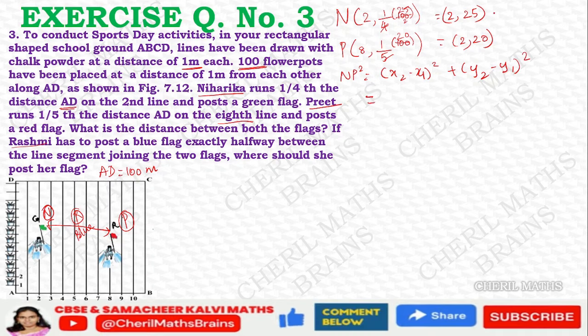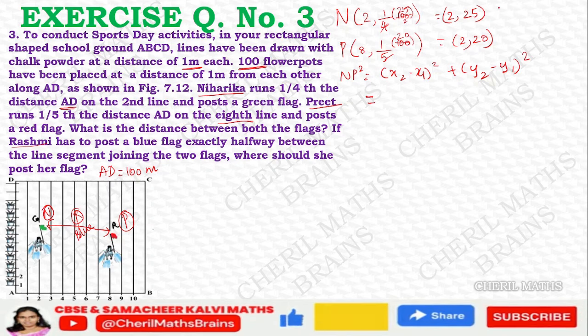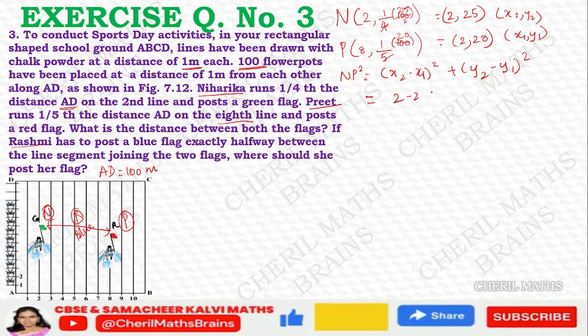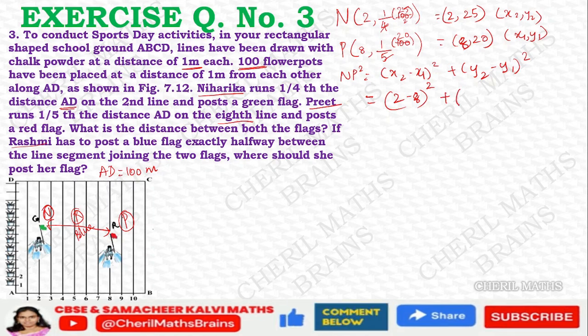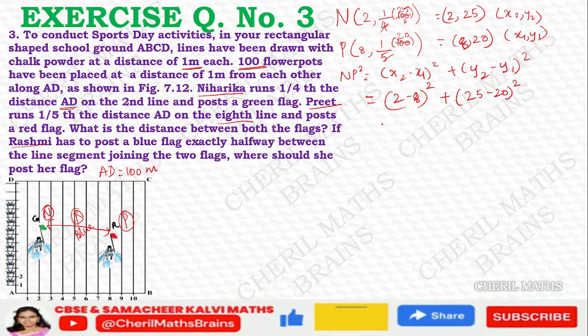Let me take this as x2 comma y2 and this as x1 comma y1. So x2 minus x1 will be 2 minus 2, but this is 8, children. So it is 2 minus 8 the whole square plus 25 minus 20 the whole square.